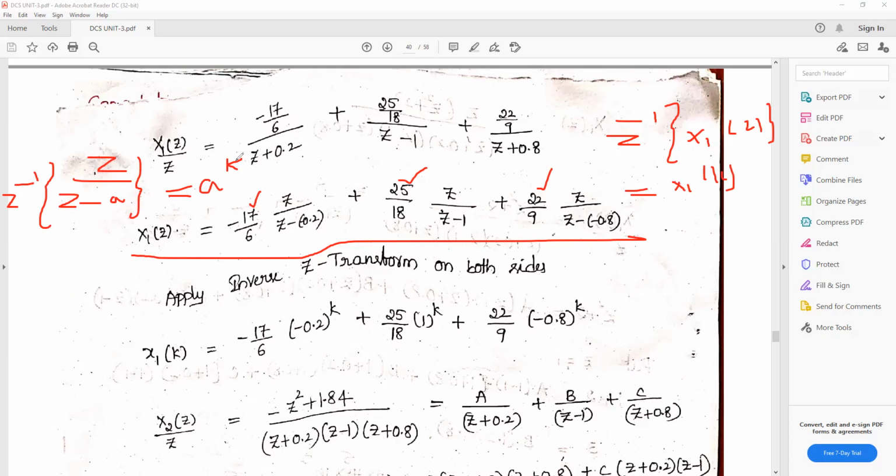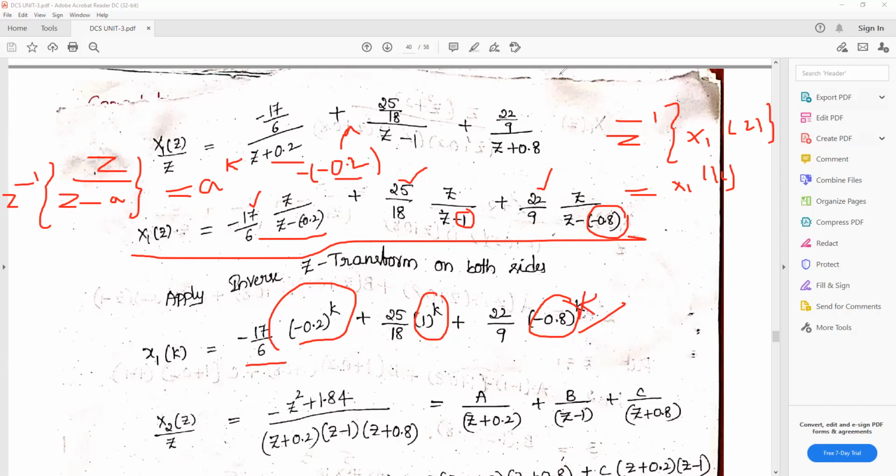So in the formula of z by z minus of minus 0.2, z plus 0.2 is z minus of minus 0.2, so the a value is minus 0.2. So minus 17 by 6 into minus 0.2 whole power k, and the second, 1 power k, and the third, minus 0.8 whole power k.